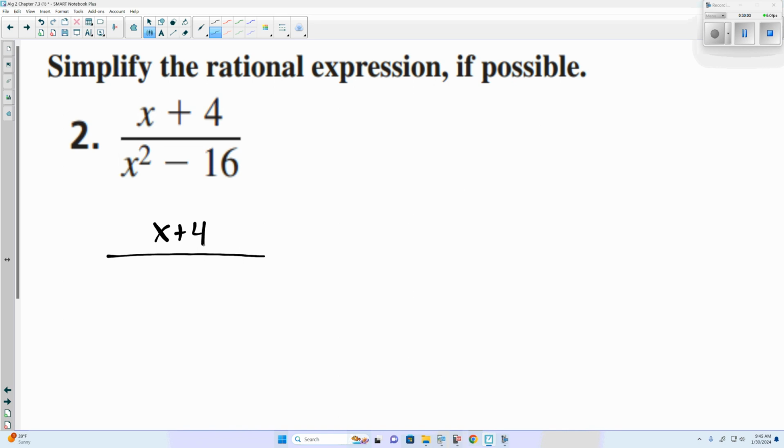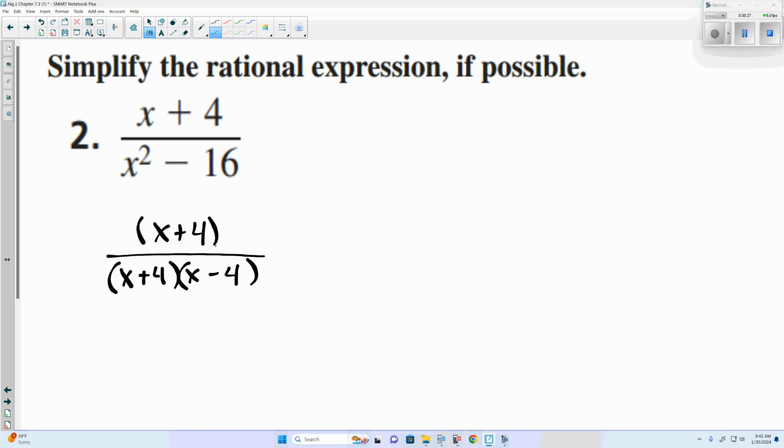If we look at the denominator, x squared minus 16, yes, it is a difference of perfect squares, which gives us our x plus 4 and x minus 4, yes? Is there something in common on top and bottom?